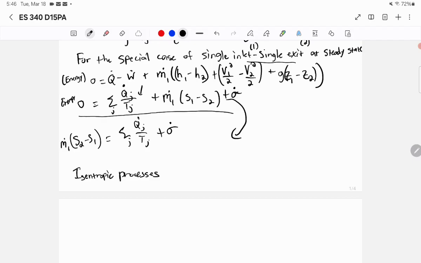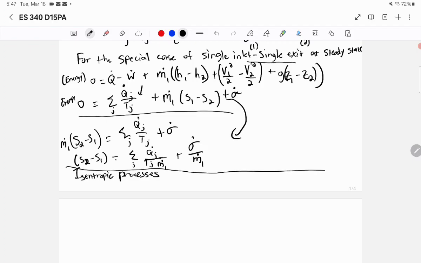Plus sigma dot, which means S2 minus S1 is equal to the sum over J of Qj dot over Tj times M1 dot, plus sigma dot over M1 dot. Okay, so that would be the single inlet, single exit scenario.